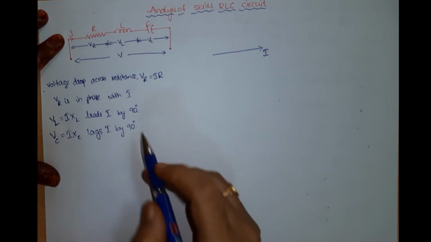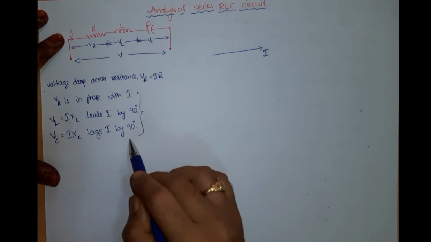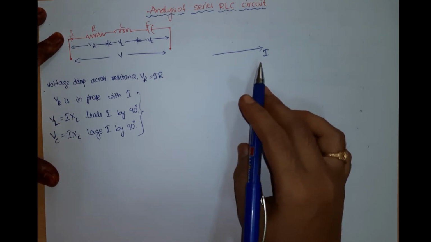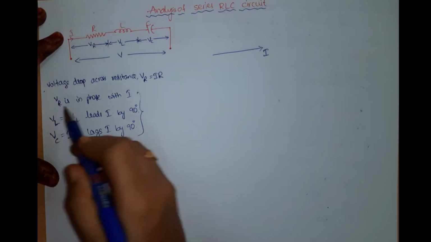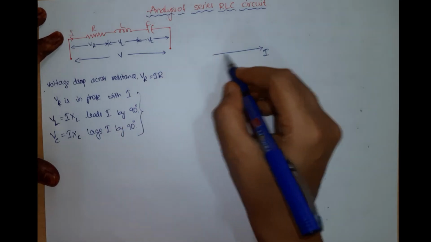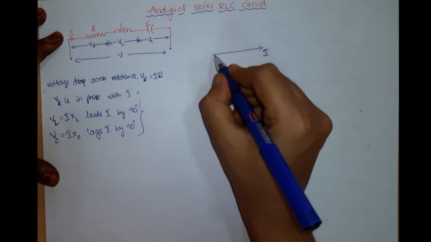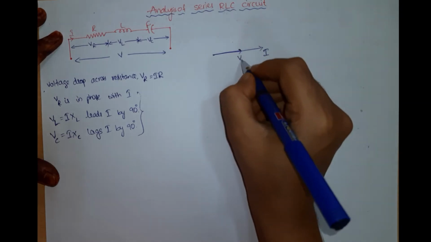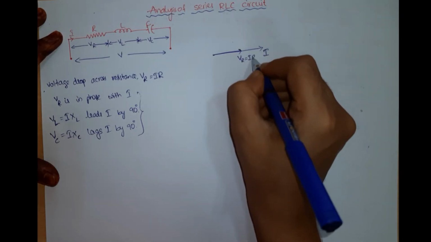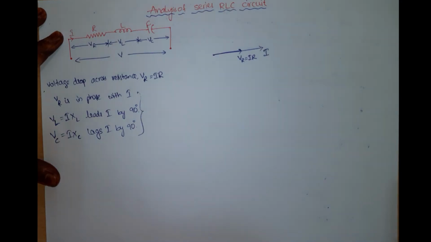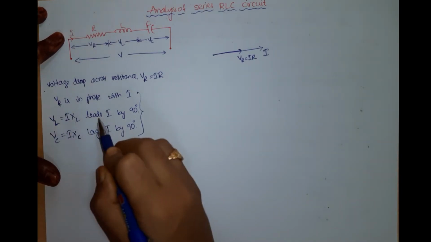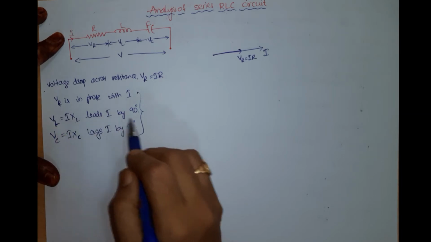So now I have to show all these three things in a single phasor diagram with the reference value of the current I. So first of all, VR is in phase with I. So this is my reference current I, where now I am drawing VR. So this is my VR, that is IR. Now let us draw VL, that is I into XL, which leads the current by 90 degrees.